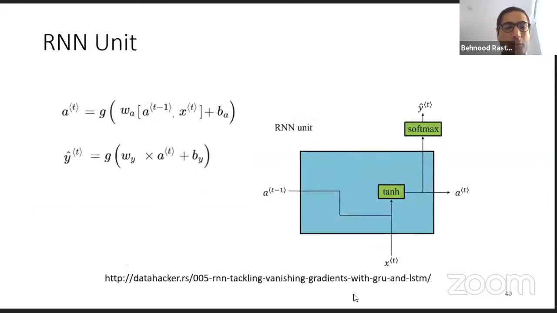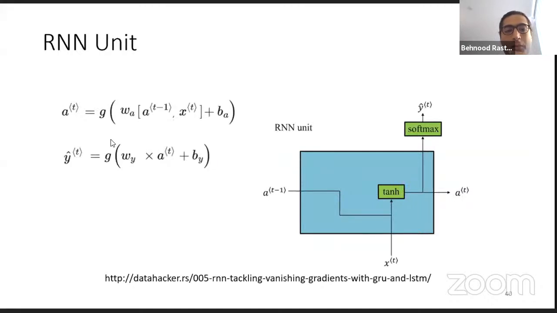Okay, so we can represent this RNN unit with a block diagram, and we have A at time t minus 1 and X at time t, and then we have our weights and biases, and then the activation function, which is tanh in this example, which produces A at time t.